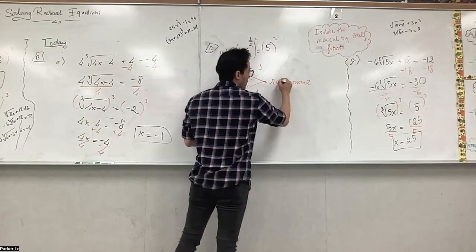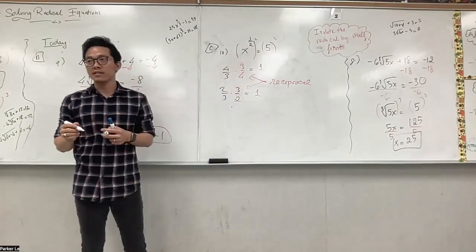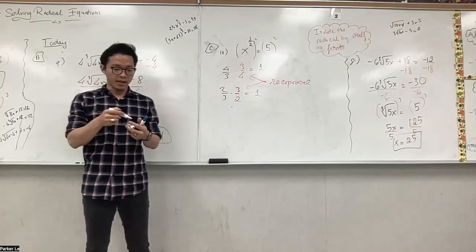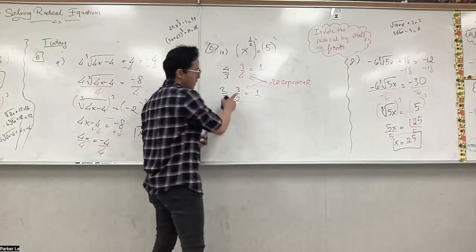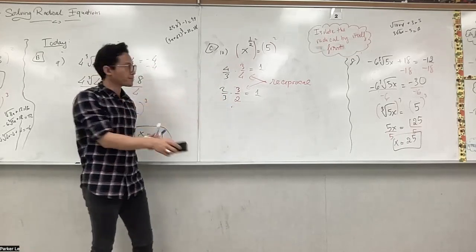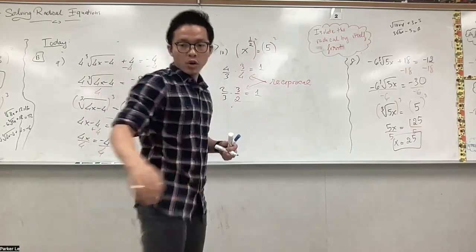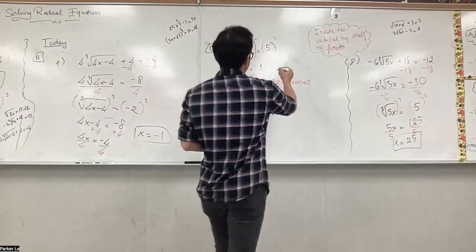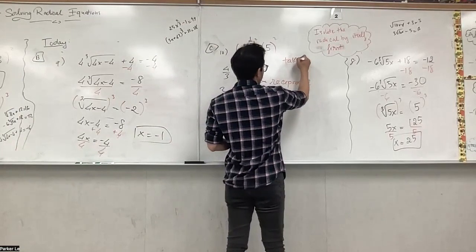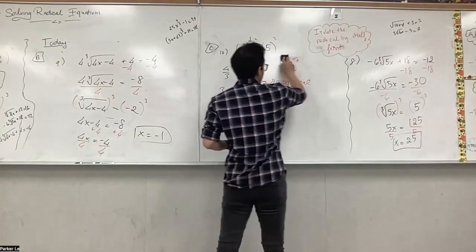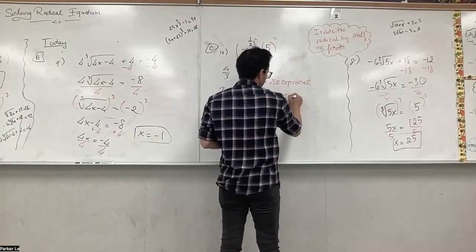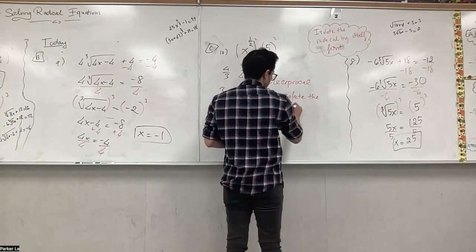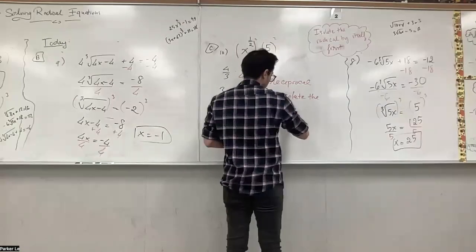Reciprocal. When you multiply a fraction by its reciprocal, you always have 1. Okay? So write this out. Maybe you can write this reciprocal. So the note over here is going to be: isolate the exponent term.